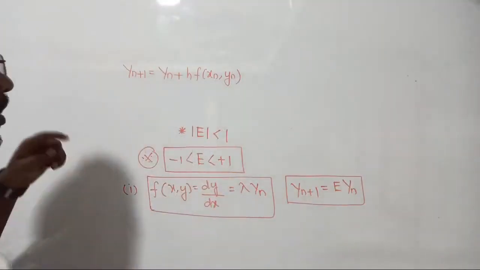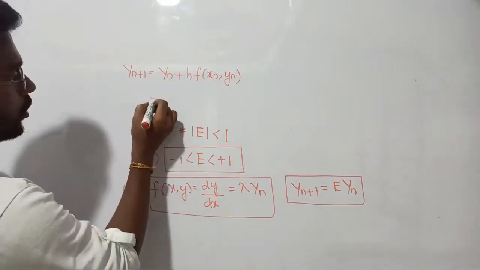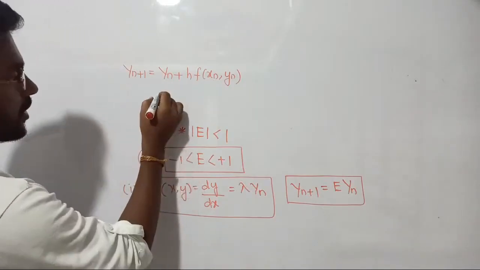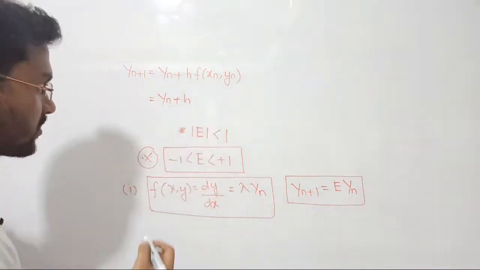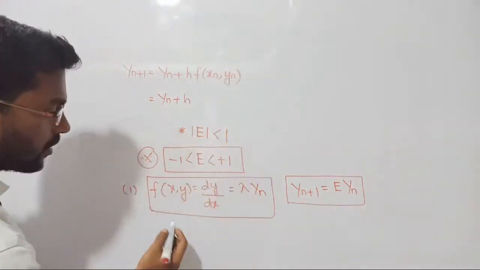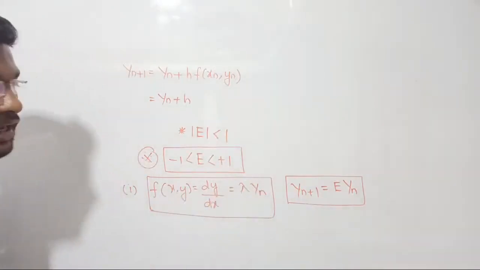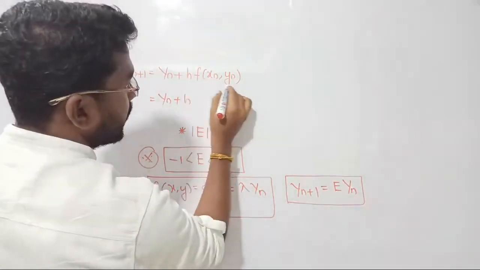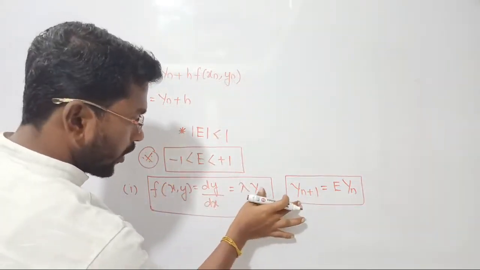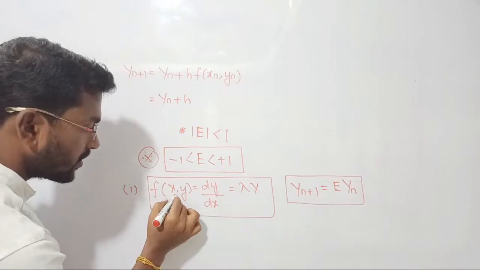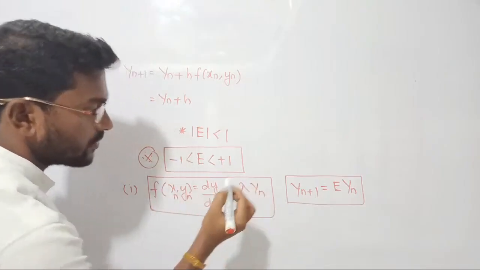Now what I need to do, the thing is, I only told you this yn plus 1, right? So can be written as yn plus h into, in error analysis, f of xn comma yn. f of x comma y can be replaced by lambda times of yn. f of x comma y க்கு பதிலா lambda into y ன்னு போறீங்க அப்படினா, it means xn comma yn க்கு பதிலா நான் இதை சப்ஸ்டிட் பண்ண சொல்றேன்னு அர்த்தம்.